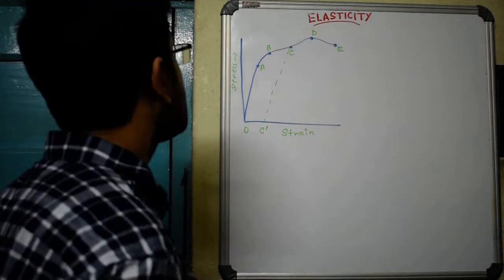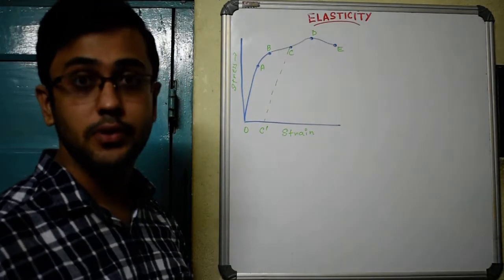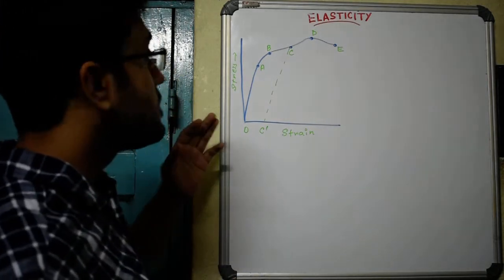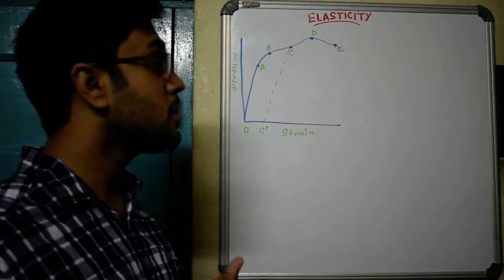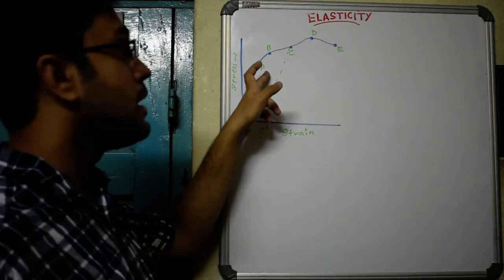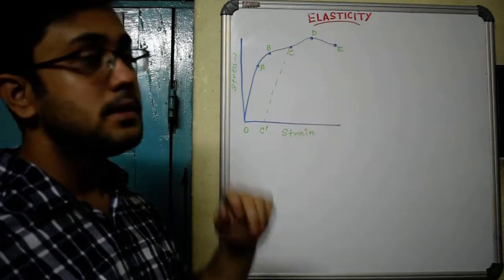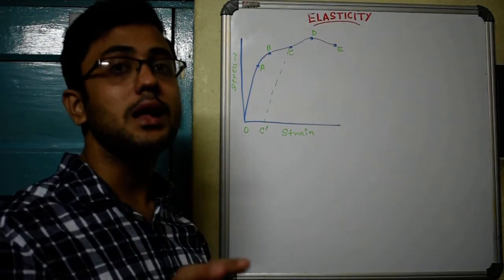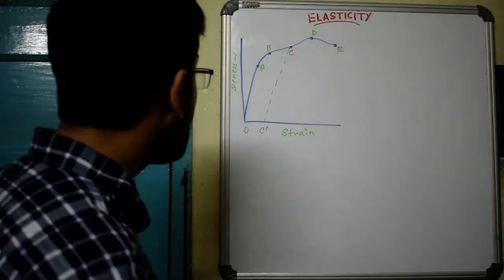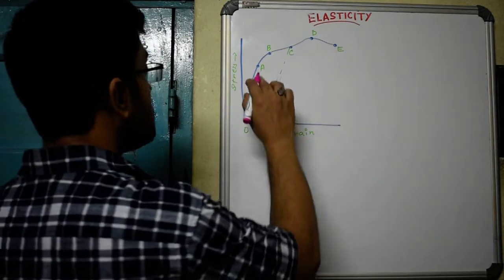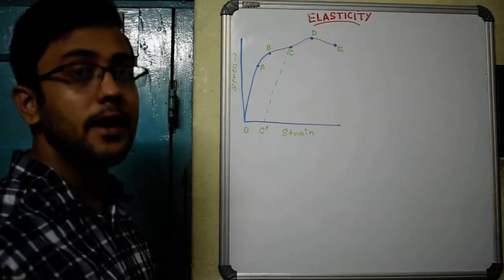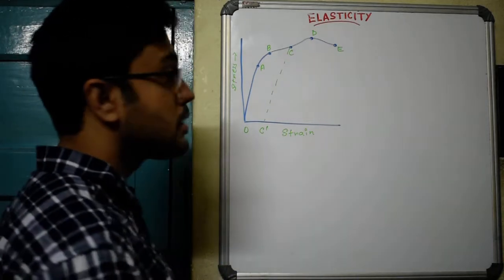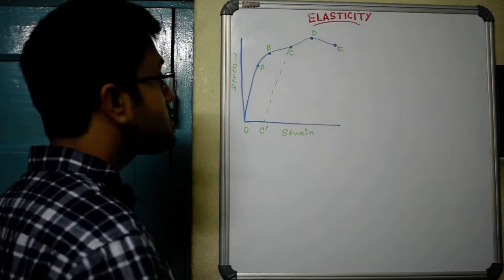So if you look at this curve, this is also a stress versus strain curve, but in this case the small strain which we were talking of is only up to point A, and from A onwards the strain is increasing. That means it is no longer within the realm of small strain. Now what happens up to A? Up to this point A, stress divided by strain, the slope of the graph if you may say, remains constant.